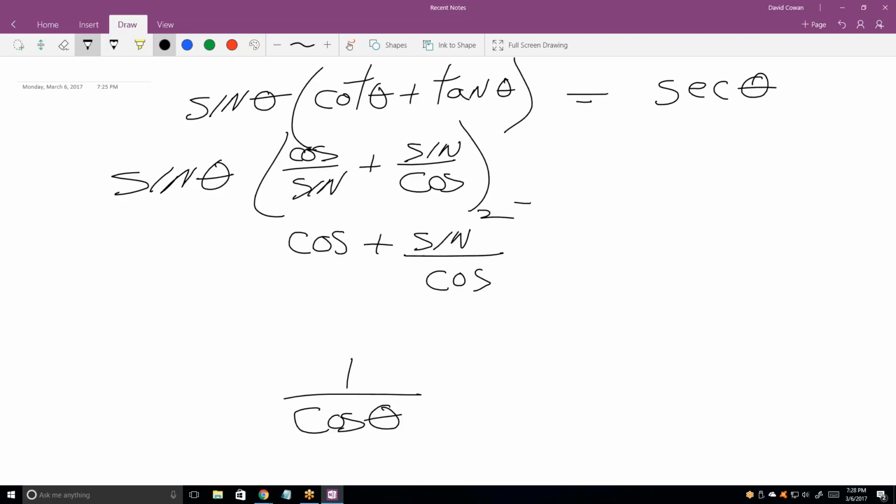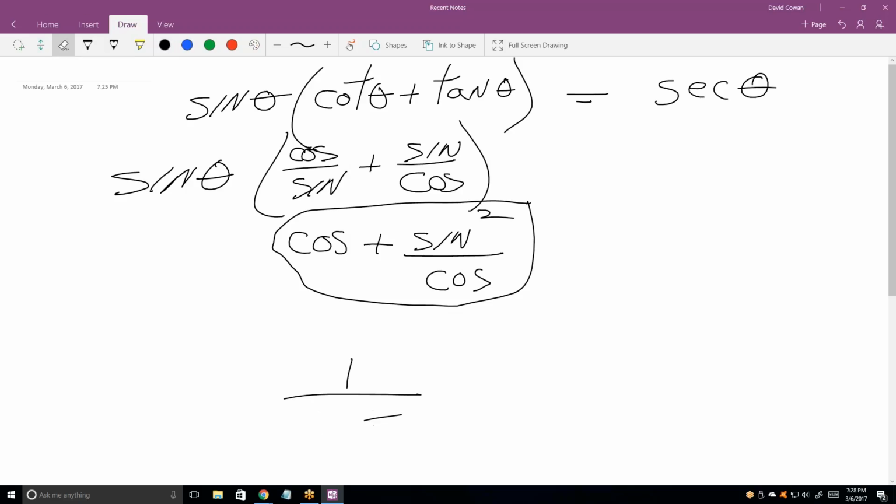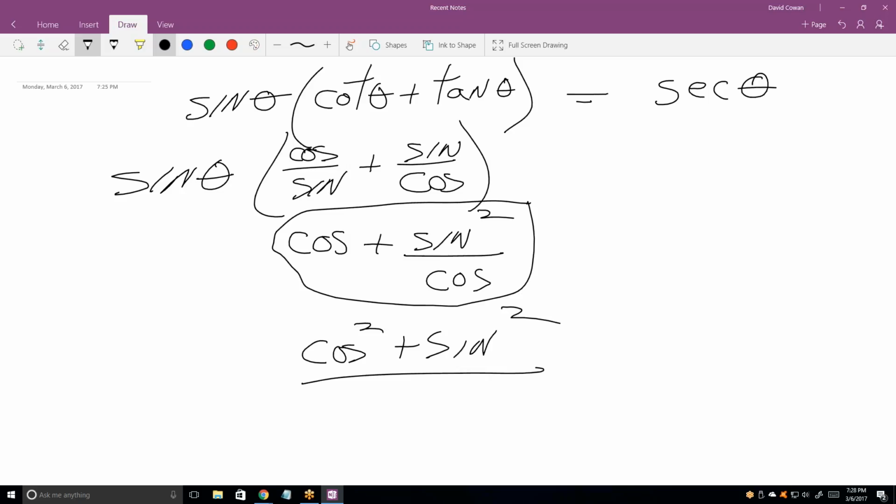In other words, we're adding those two together. Common denominator is? Cosine. Okay. What goes on the top left? Cosine squared plus sine squared. Right. What's cosine squared plus sine squared equal to? 1. 1 over cosine.